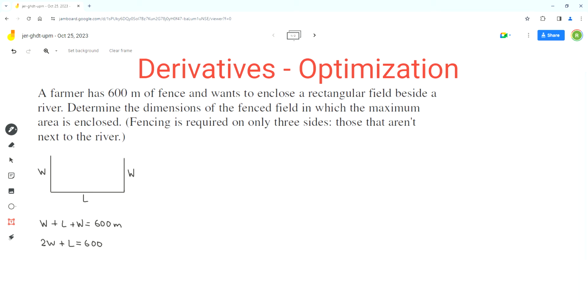Now we have to find the dimensions that maximize the area. So the next step is to write an equation for the area of this rectangle, and we know area of a rectangle is length times width.